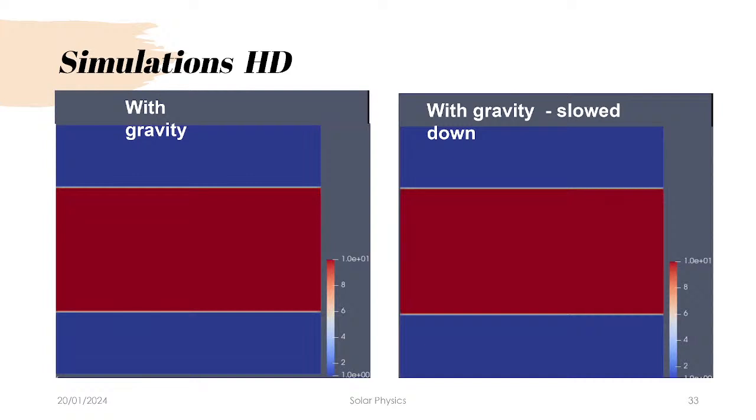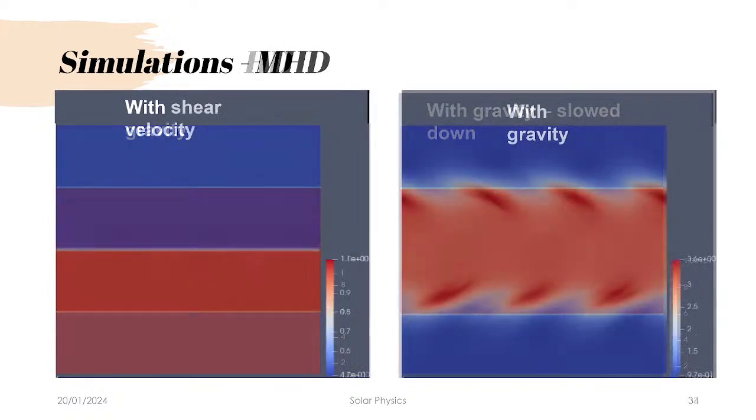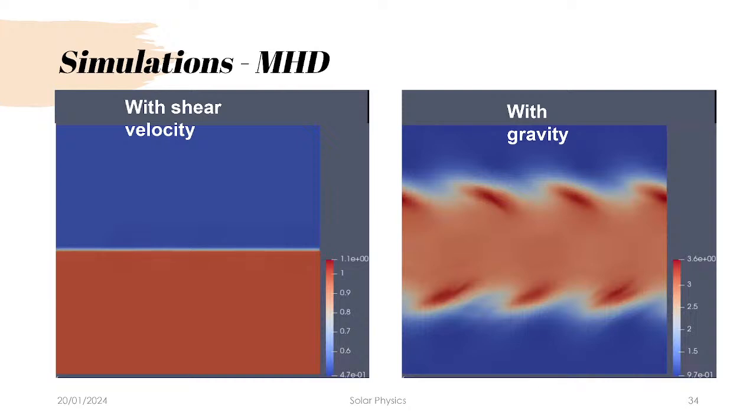So this is the MHD simulation, where in the first one it's just a shear velocity. Both of them are running for the same time. All the simulations that have been shown till now are running for the same time. But we can see how slowly there is the development and how small the vortices are.